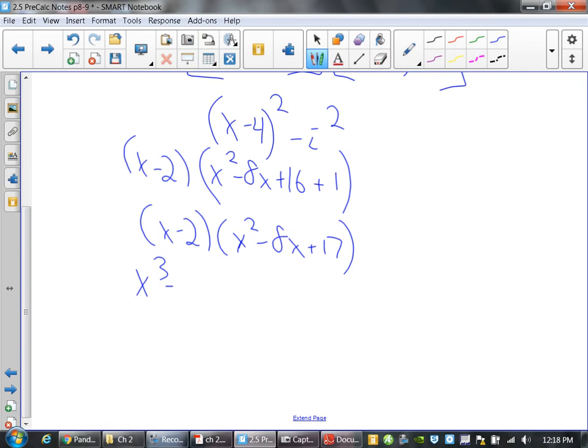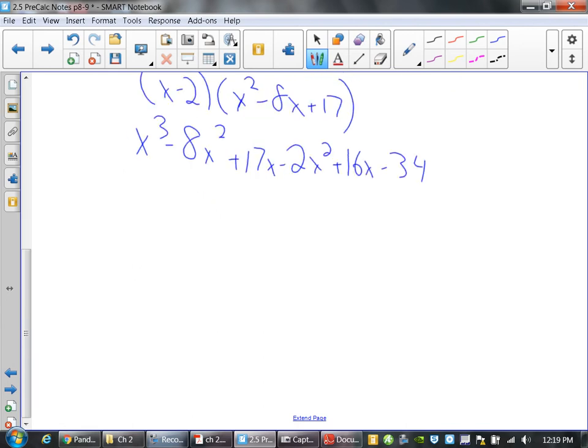X cubed minus 8x squared plus 17x minus 2x squared plus 16x minus 34. X cubed minus 10x squared plus 33x minus 34.